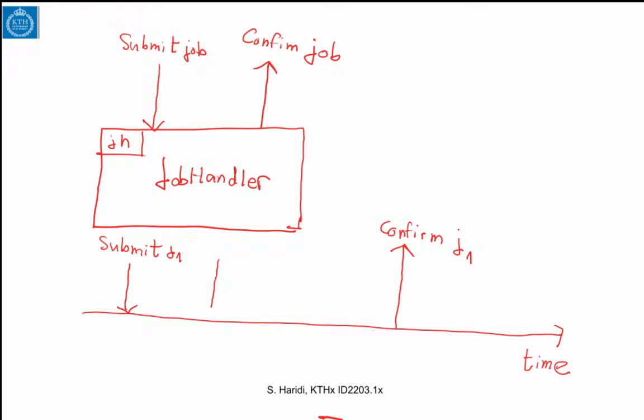We can submit multiple jobs. The specification has nothing to do with when we submit a job. So we can submit job J2 here, and we will get a confirmation. This might be here.